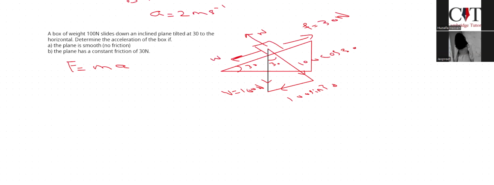So I will write here 100 sine 30. Since we have no friction force because of a smooth path, we will ignore it. The mass given to us is 100, into acceleration a. Tell me the answer of a.